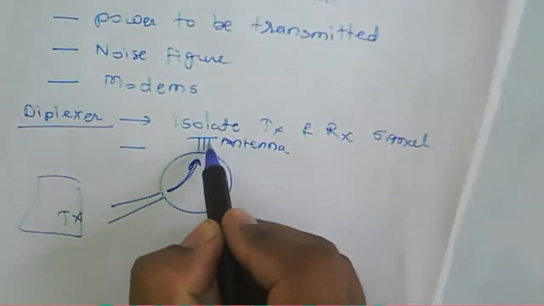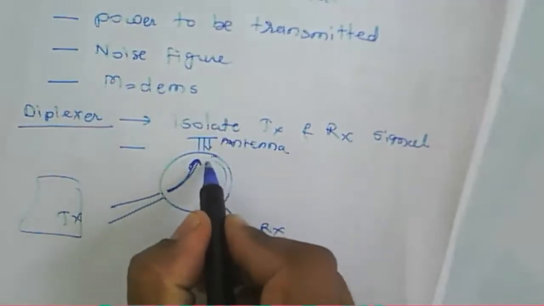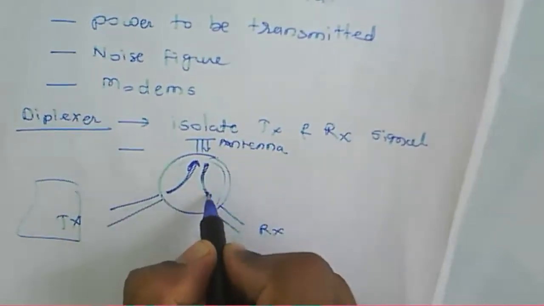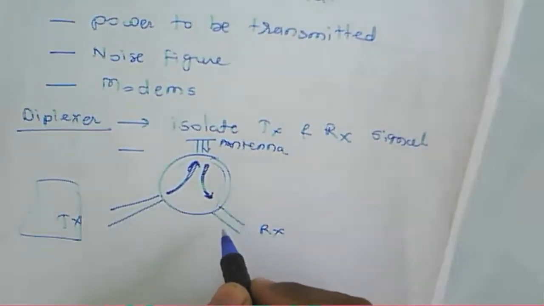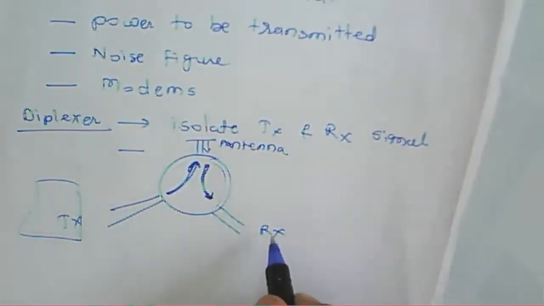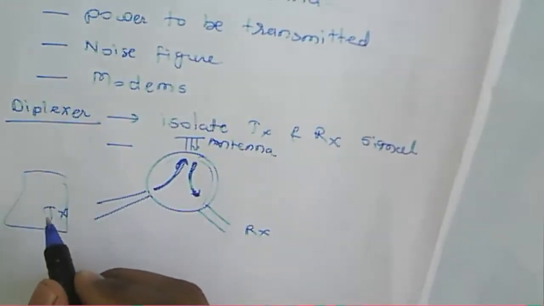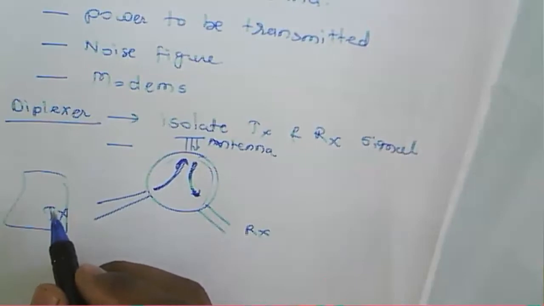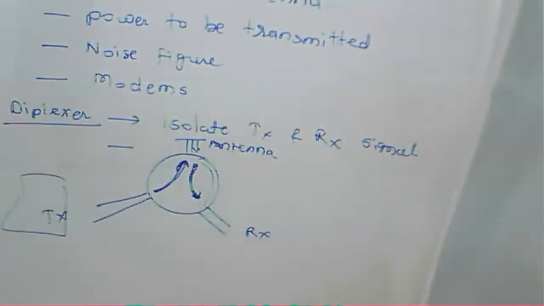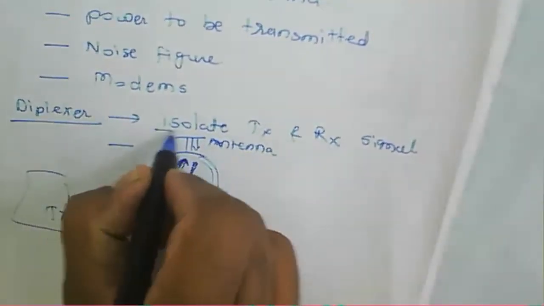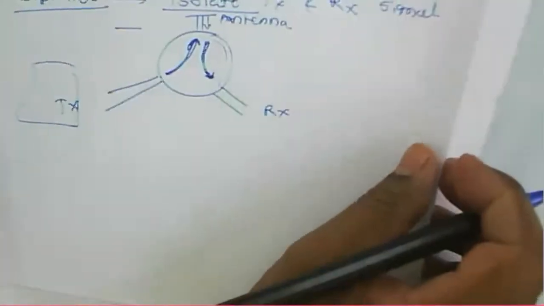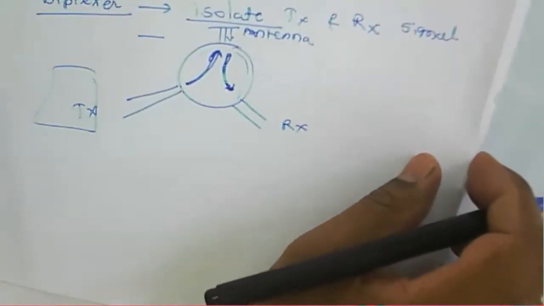Even when we are receiving a signal, the antenna receives the signal and directs it toward the receiver. So no signal is directed toward the transmitter. So that is the role of a duplexer, just to isolate the transmitter and the receiver here.